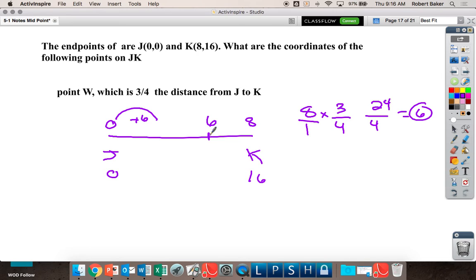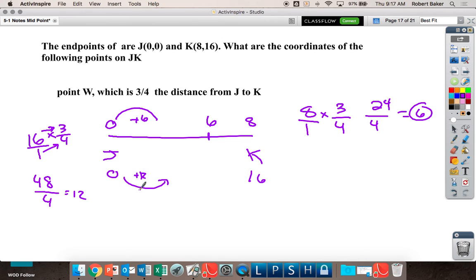Alright, I want to do the same thing for Y. You guys said that from J to K was 16. And I want to multiply that by 3/4 of the way. So 16 times 3? 48. 1 times 4? And 48 divided by 4 is 12. So I want to go 12 in the Y direction.